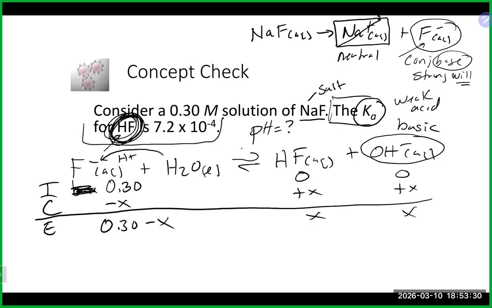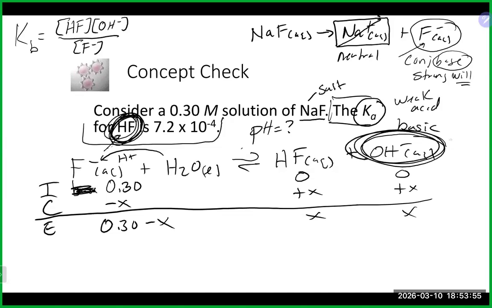Just like normal, this is going to go into my K expression, which is my products, HF times OH minus, divided by F minus. By the way, this is a Kb, right? It's a Kb because, again, we're producing hydroxide here.